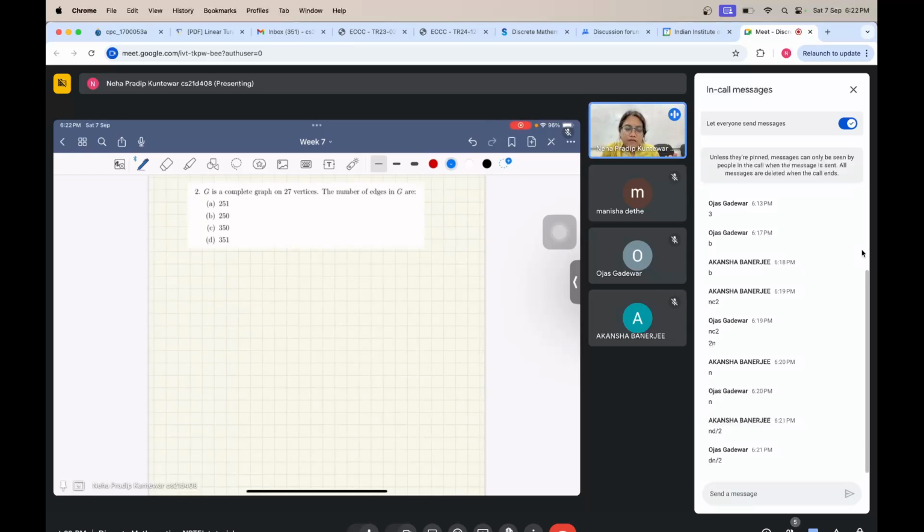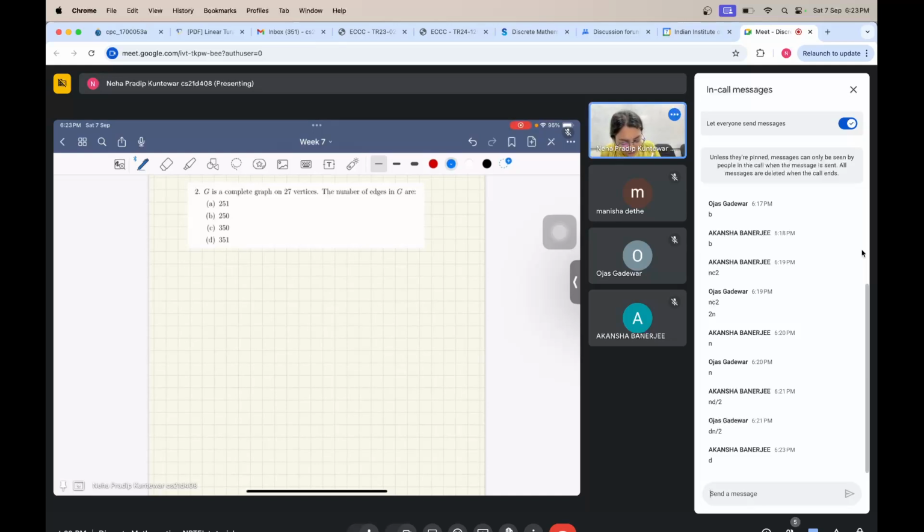So, you have a complete graph on 27 vertices, then what would be the number of edges? Okay, so Akansha says D.